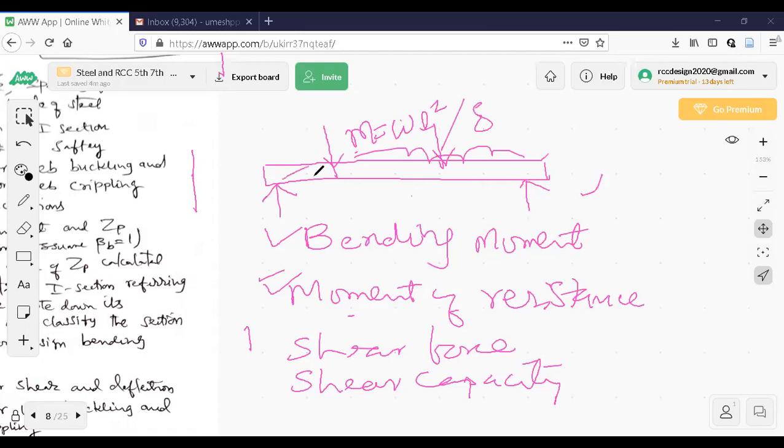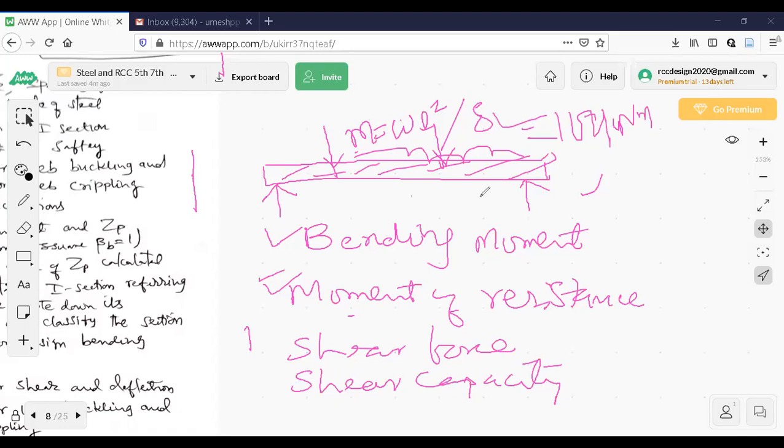Is this beam strong enough to carry this much bending moment or not? How do you decide that this beam is capable of resisting WL square by 8, let us say 100 kN meter? Okay. Some load is there, some span is there. WL square by 8, I am getting it as 100 kN meter.